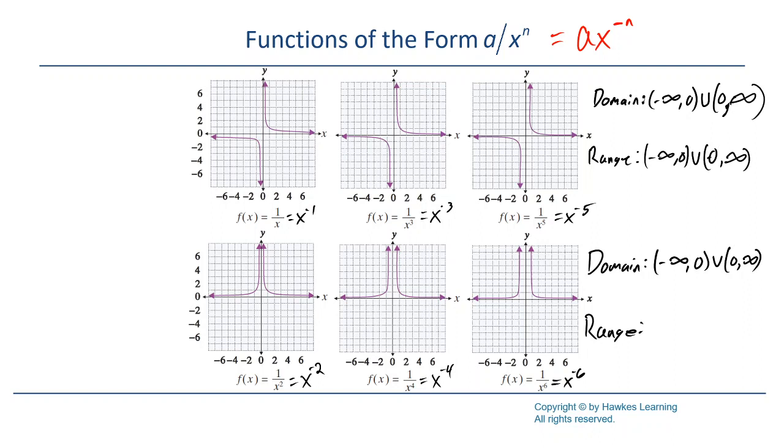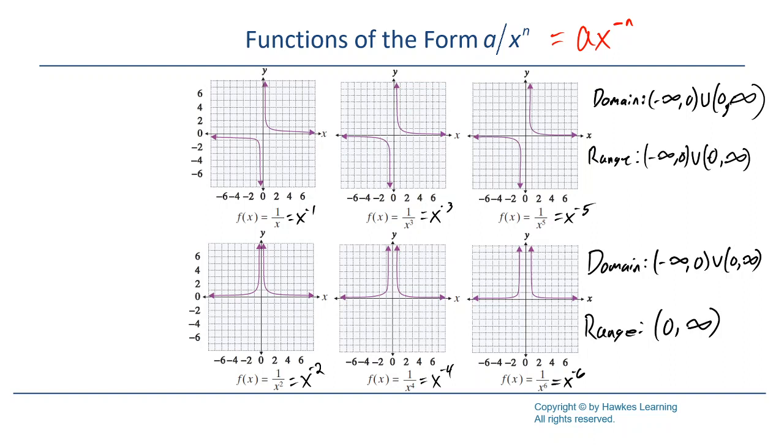But if you multiply a negative an even number of times, you get a positive. So with this one, the range is actually 0 to infinity, but 0 is excluded. So anytime you have x to the negative power, or a number over x to a power, 0 is excluded from your domain. And that's in both cases.